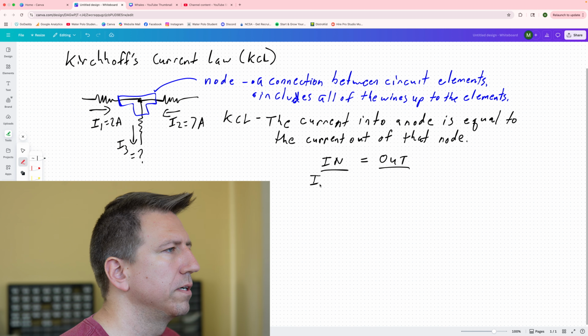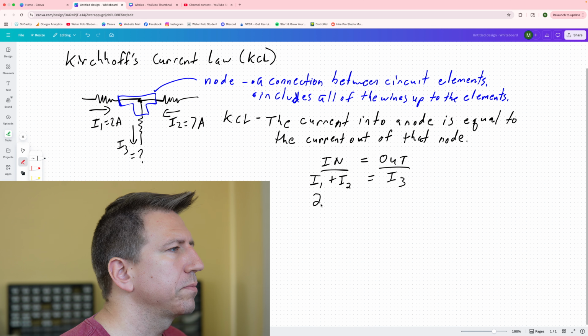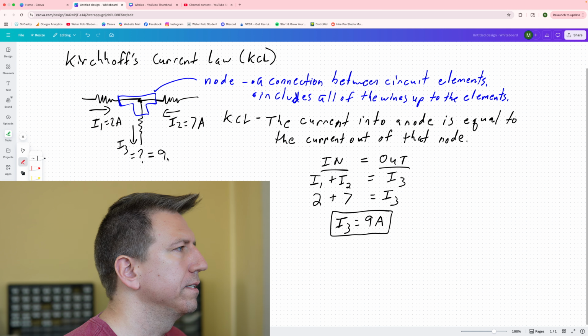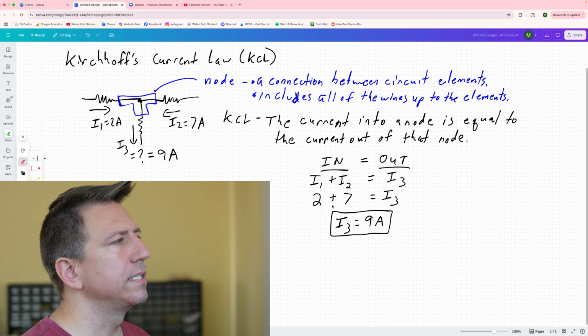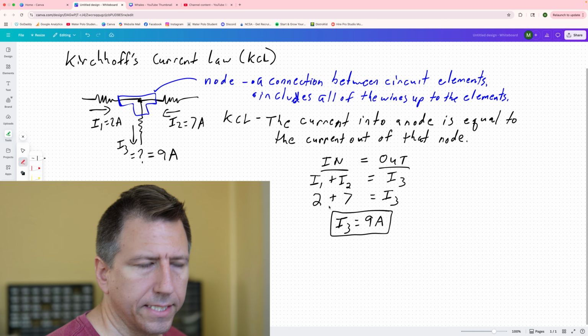So we have I1 plus I2 flowing in is equal to I3 flowing out. Then I can substitute in the values: I1 is 2 amps, I2 is 7 amps, and I3 is unknown. So we can add 7 plus 2, and we can see that I3 is equal to 9 amps. And so we use Kirchhoff's current law to determine the value of I3.